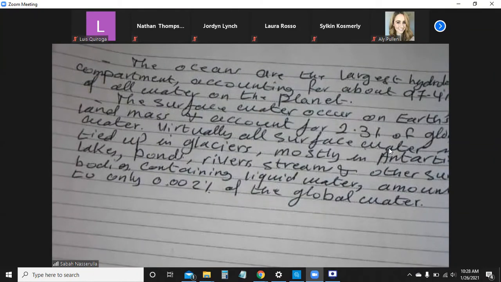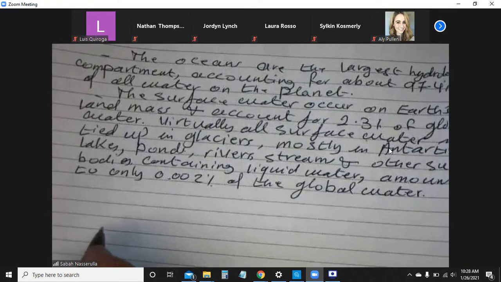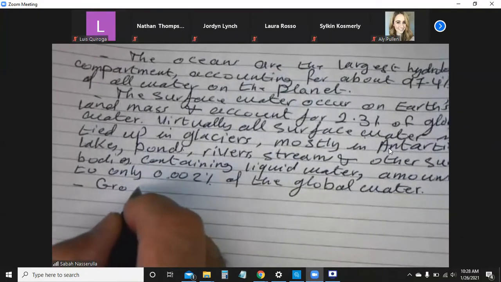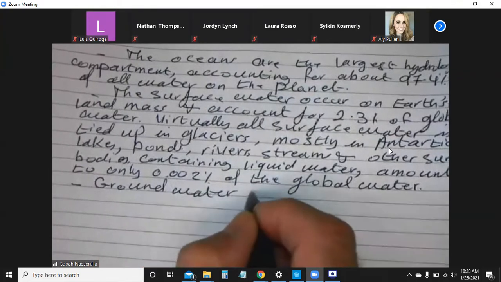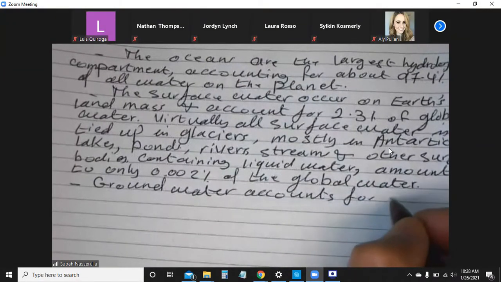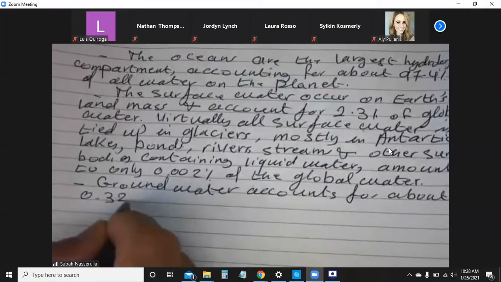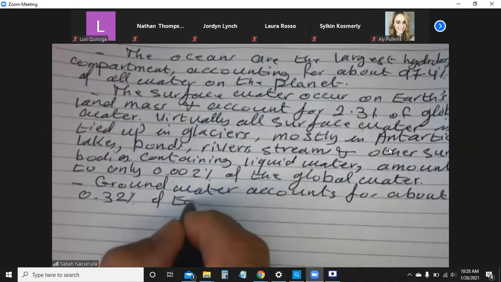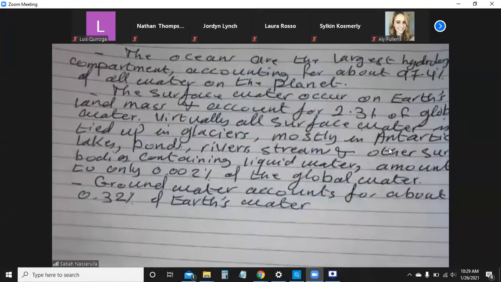Now a little bit about groundwater, which accounts for about 0.32% of the Earth's water.